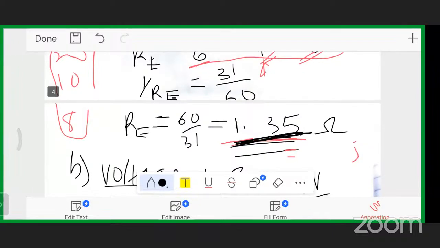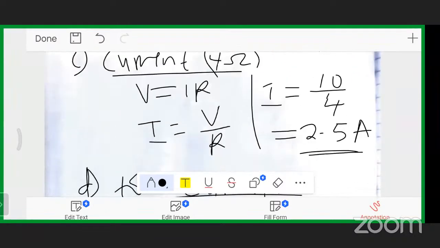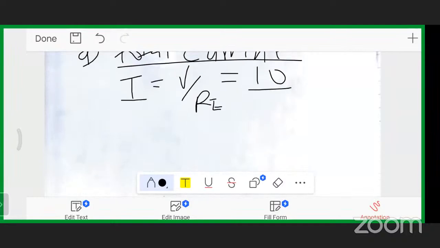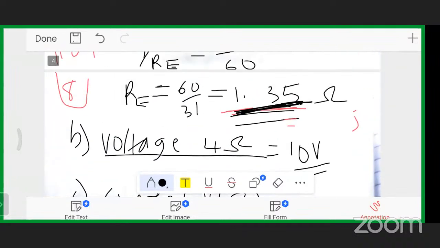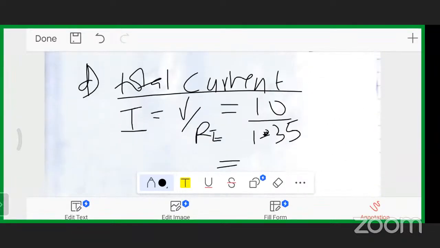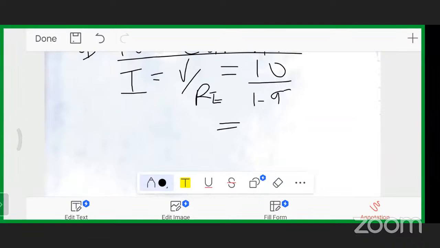No. But I think that one, 1.35. That was 1.935. Oh, it was 1.935. Oh, you must have updated, thank you for that. 1.935. So let's just calculate and see what we'll get.